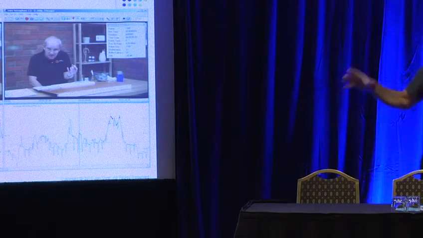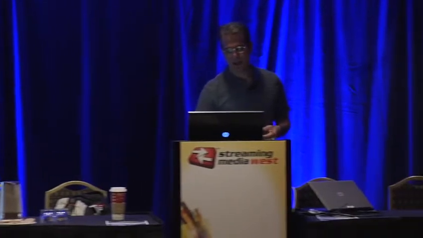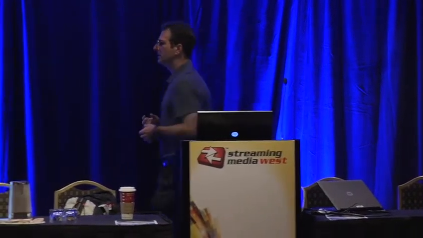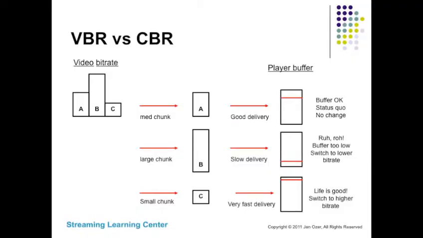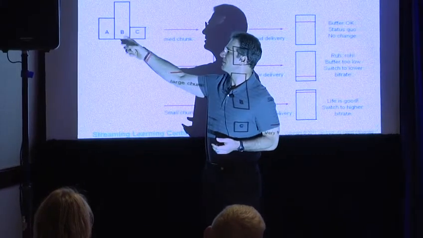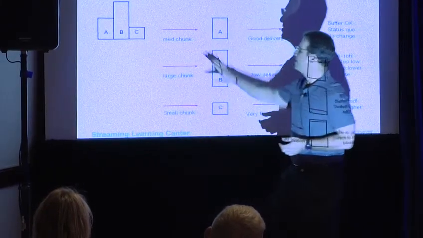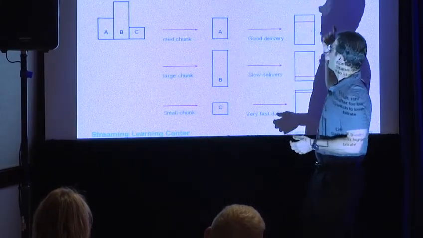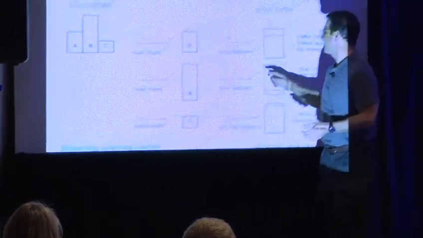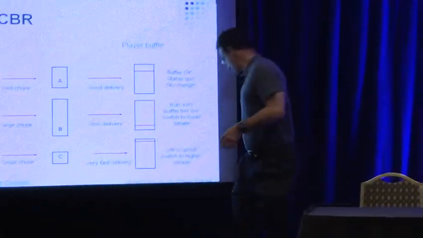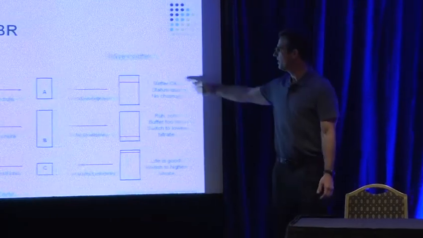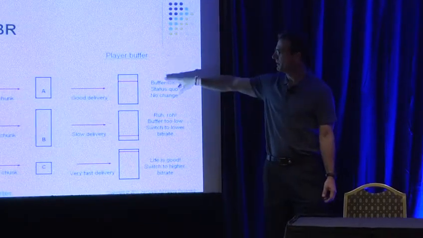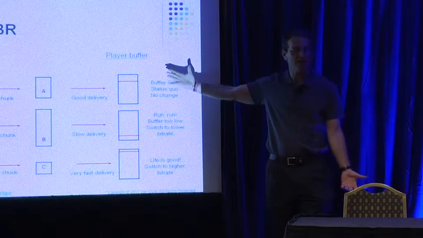So variable techniques give us higher quality, but they also can cause problems with adaptive streaming because, here's the scenario. You start out, you've got 3 chunks of data with a file that was encoded using VBR. This is a normal size chunk, this is a big chunk, this is a small chunk. When you send the normal size chunk, it gets there in plenty of time. The buffer status is okay. The buffer is still pretty high level, so the player thinks, well, gosh, everything's going well.